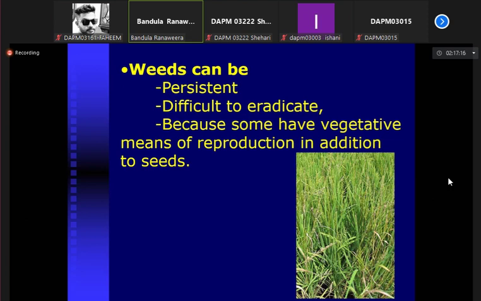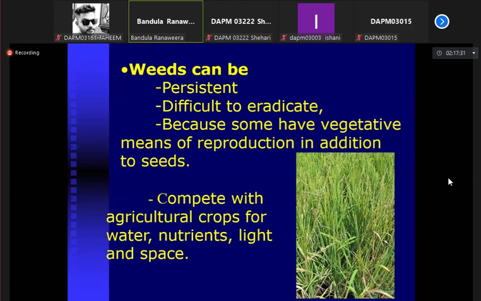Once they are established, they compete with our crops for water, nutrients, light, space, and other crop growth factors.